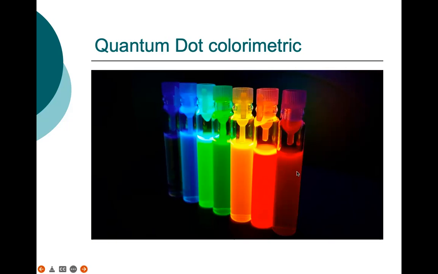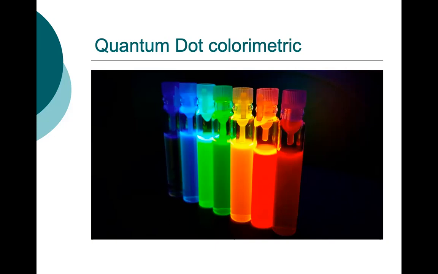By using this characteristic, we can utilize the wavelength, and when they interact with the virus, probably with the bacteria, there will be a color change. But the color change depends.